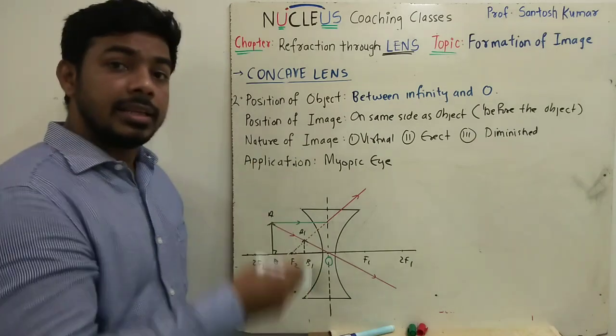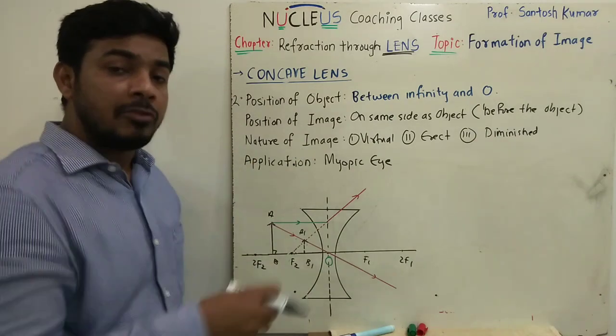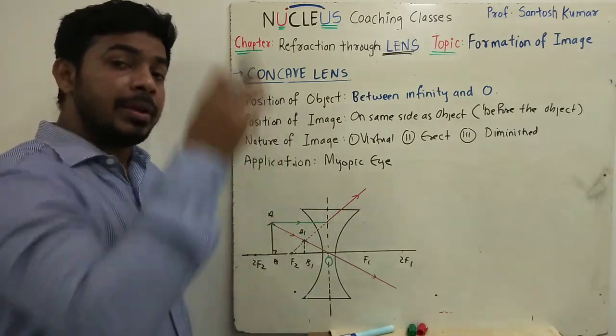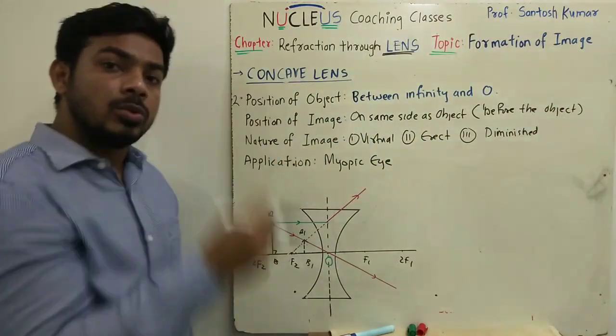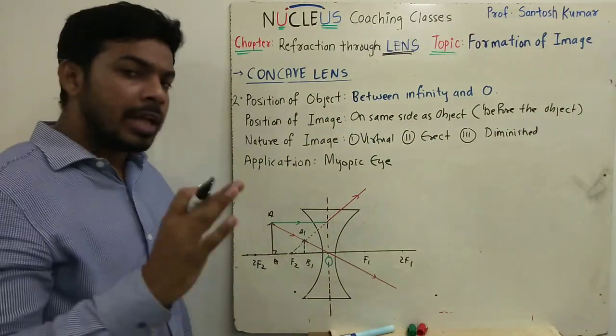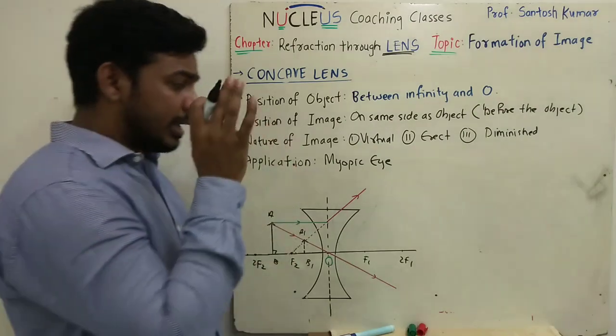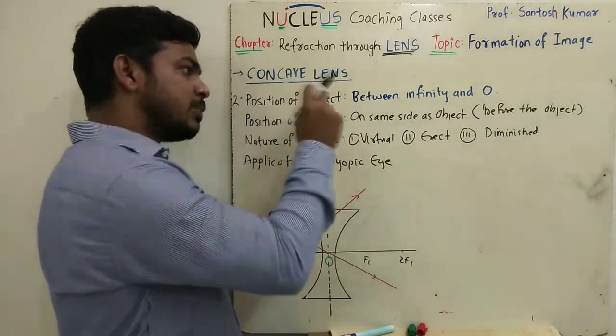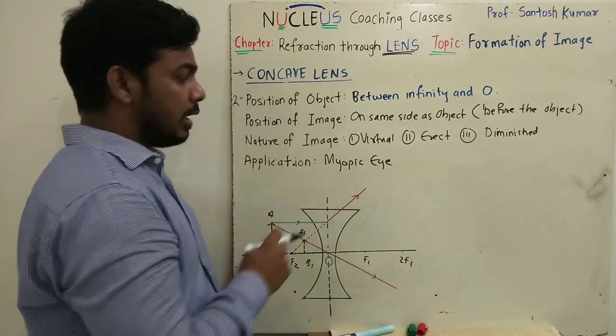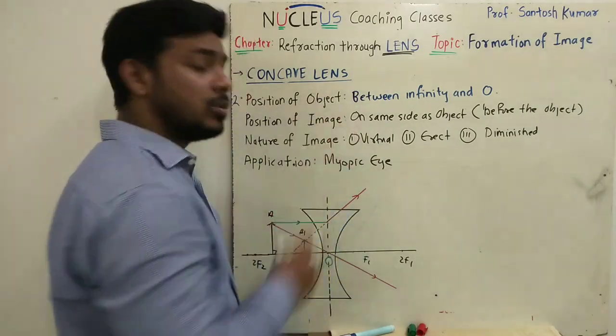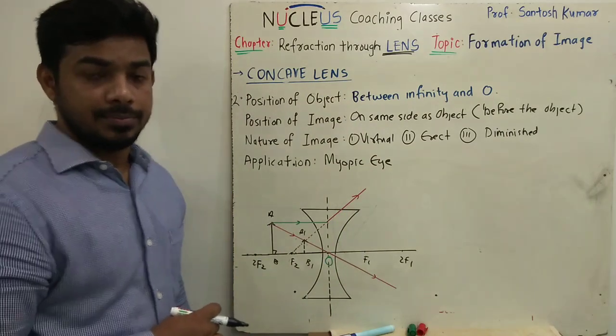So this lens is used to cure that defect, as this lens brings the object from the far point to the near point. You don't have to worry about how it is used. You can just say that for this position of object, this lens is used for a myopic eye.